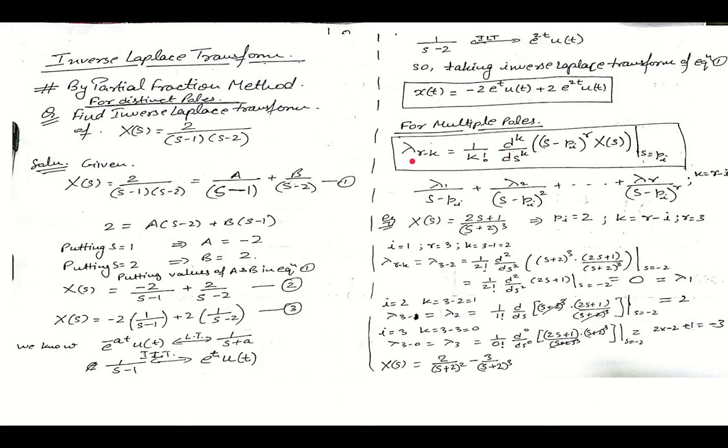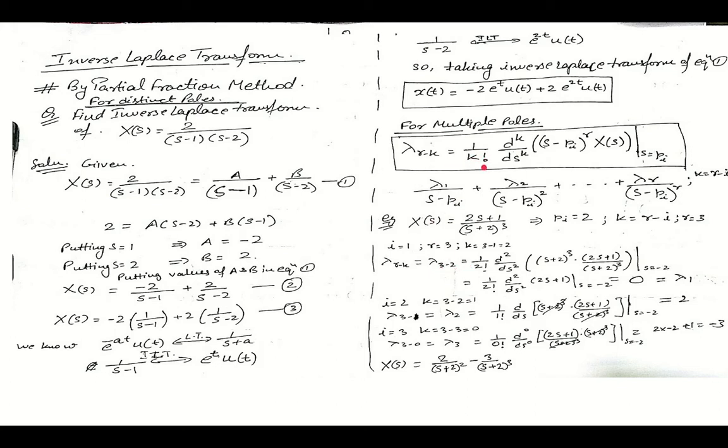So to find the value of lambda r minus k, keeping values i is equal to 1, r is equal to 3 and k is equal to r minus i, since we are having this formula, so k will be 3 minus 1 is equal to 2. Now putting these values in this formula, we will have lambda 3 minus 2 is equal to 1 upon k factorial.